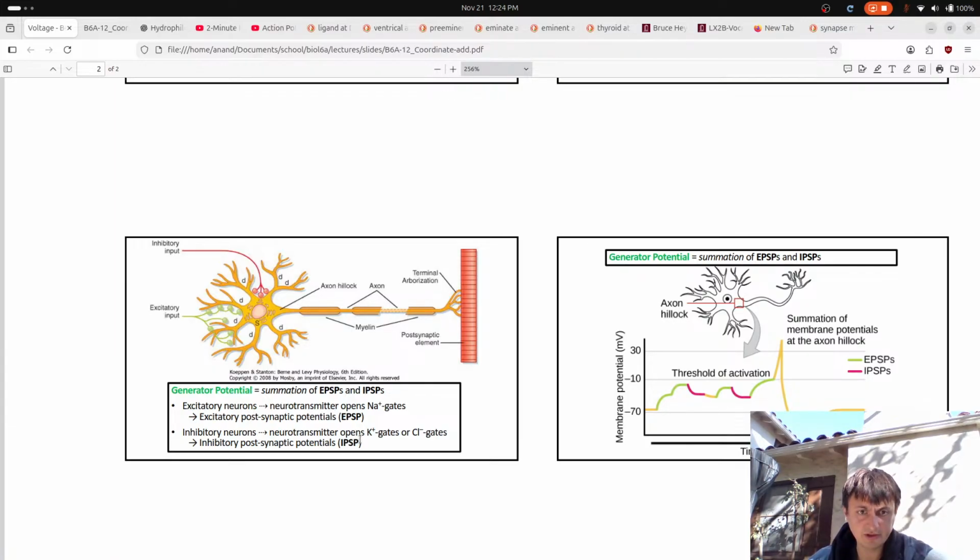They're called EPSP, excitatory postsynaptic potentials.